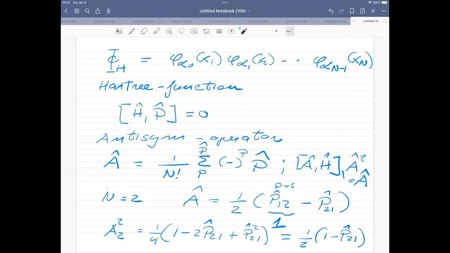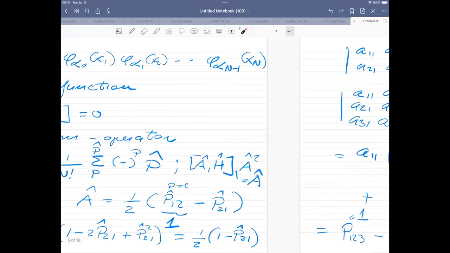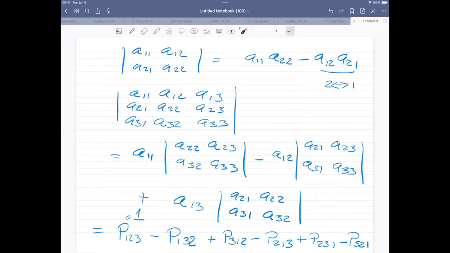Yeah? Can you just explain that sum? It's the sum over all the permutations you can make. So when you go back to what we said with this determinant here, you can make 6 permutations in total. And these are the permutations, the base permutation, then I permute 3 and 2, I do 3, 1, 2, 2, 1, 3, etc. When you have only 2, if you look back at the determinant, here you keep the basic ordering, which will be your Hartree product.